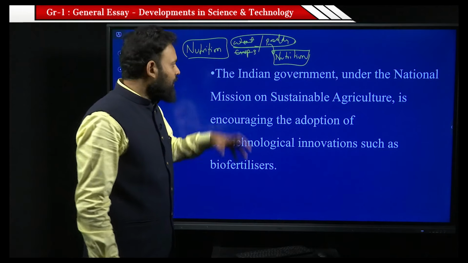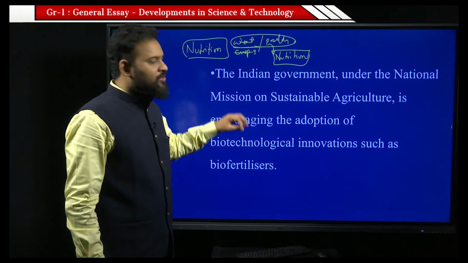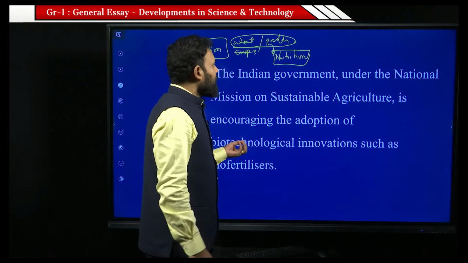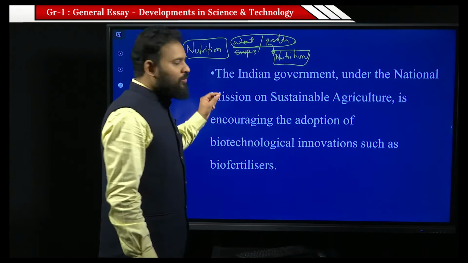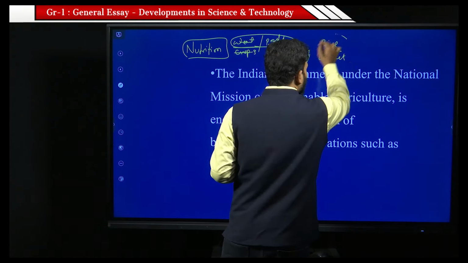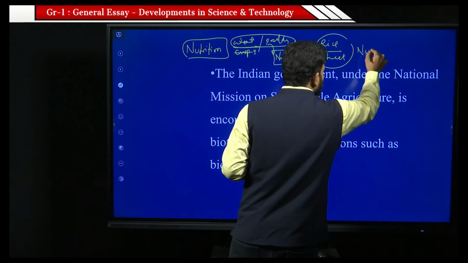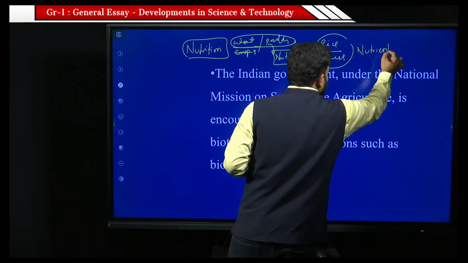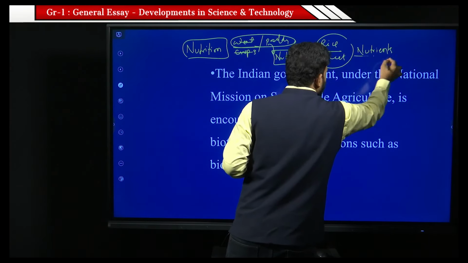That is why we add curries and other vegetables to that. Assume that by use of this stem cell research, by use of biotechnology, by using the new developments that are happening in biotechnology, let's create a new rice or wheat which will have all the required nutrients, vitamins in this.